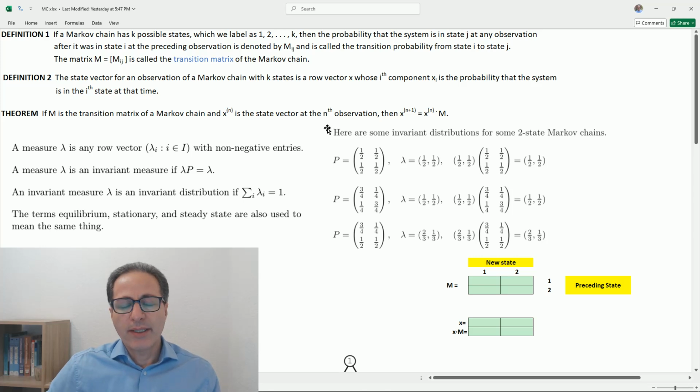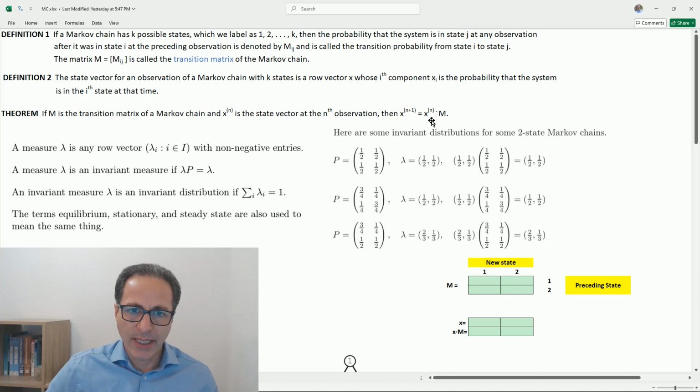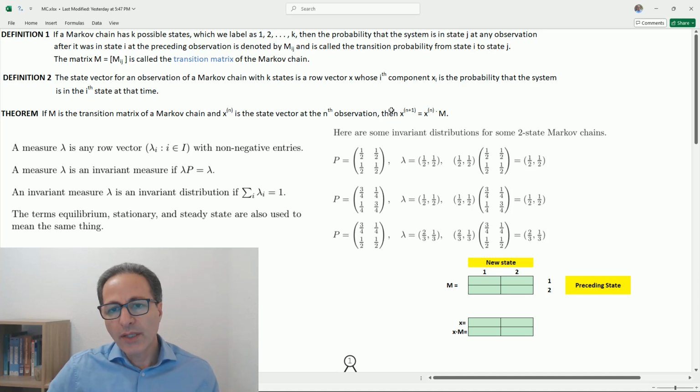The relation between the nth observation and the next observation, x(n+1): this n inside the parentheses is not for taking the power, it is just a notation to show that this is the nth step or nth observation. We move on to the next step, x(n+1). It depends only on the previous state. So if you want to find the state vector for the next observation, it's going to be x(n) multiplied by M.